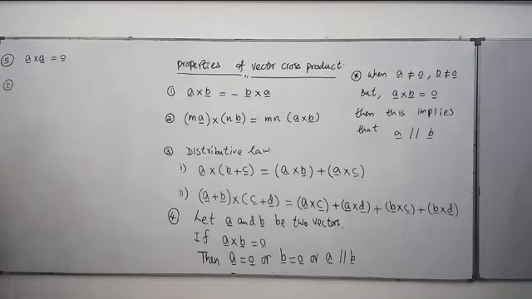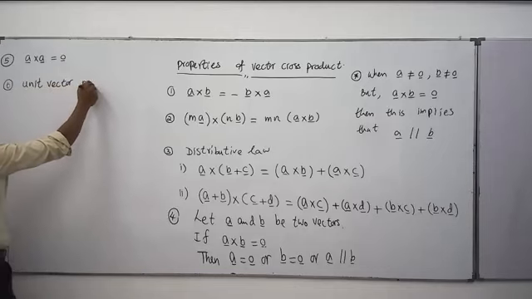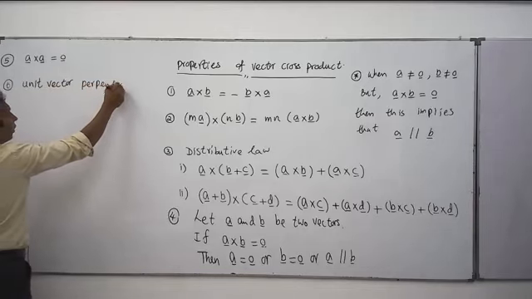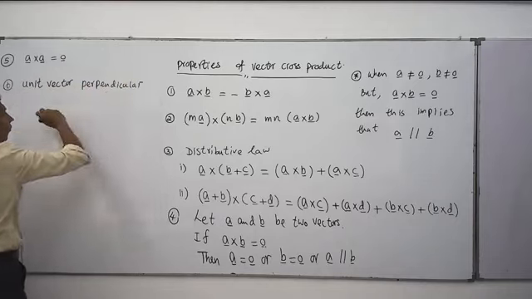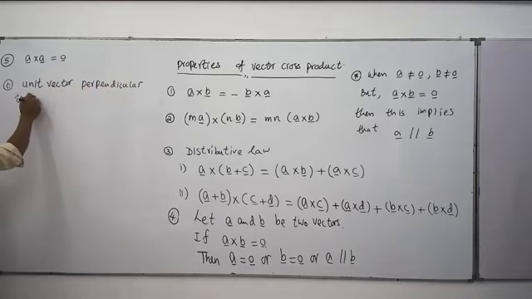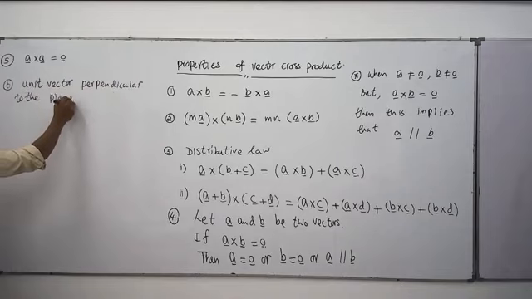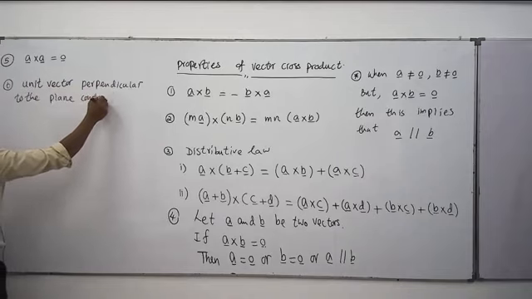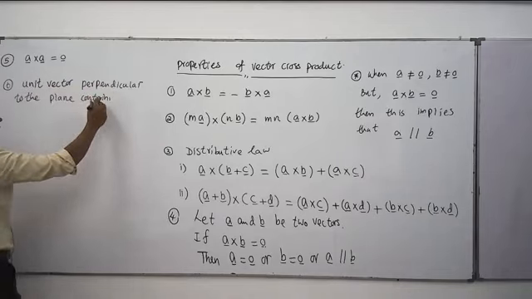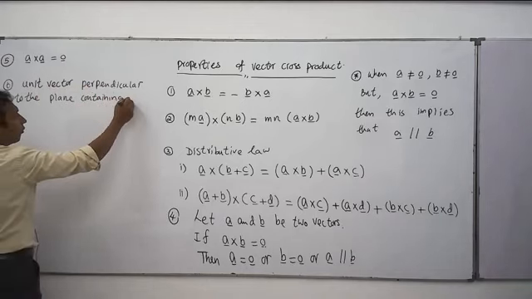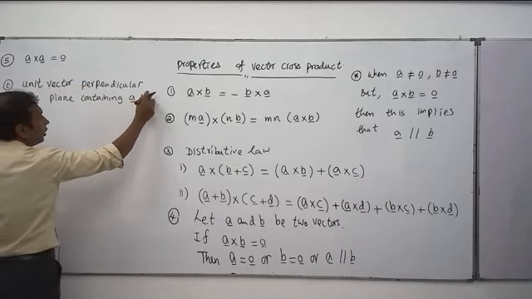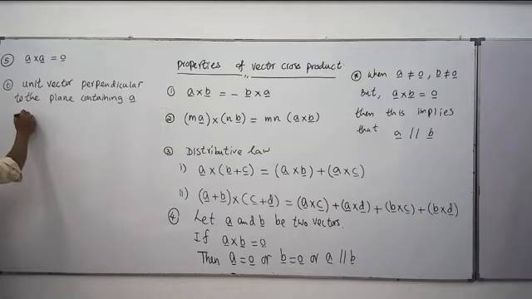Number 6 is this: unit vector perpendicular to the plane containing A vector and B vector.